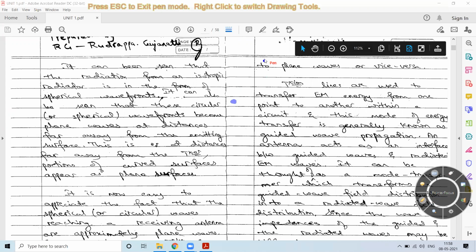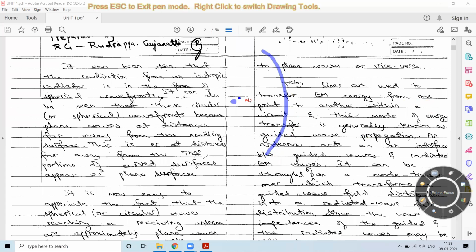Say I have an antenna, and if I consider a wavefront which is spherical in nature, what is this wavefront information giving me? If I consider any point on this, all these points are affected in the same manner by this antenna.